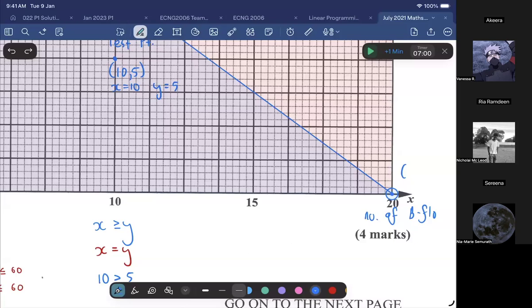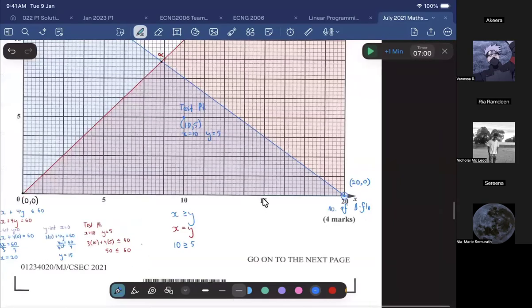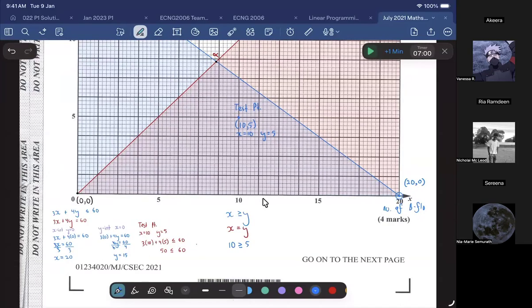Somebody else, talk to me. What would this point over here be? 20, 0. Yep, that would be 20, 0, because you move 20 spaces to the right and you stay there. You did not move up or down. So your y value is 0, right? Okay, so we have 0, 0, and we have 20, 0.